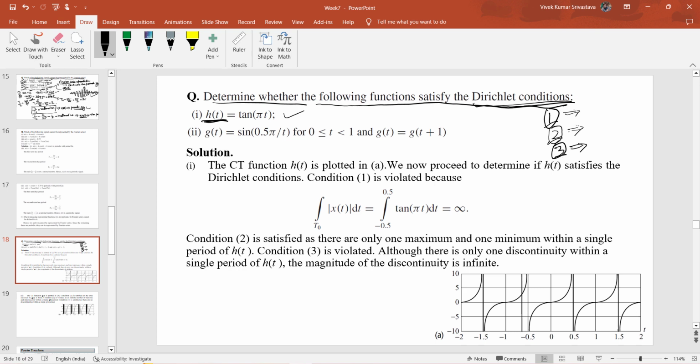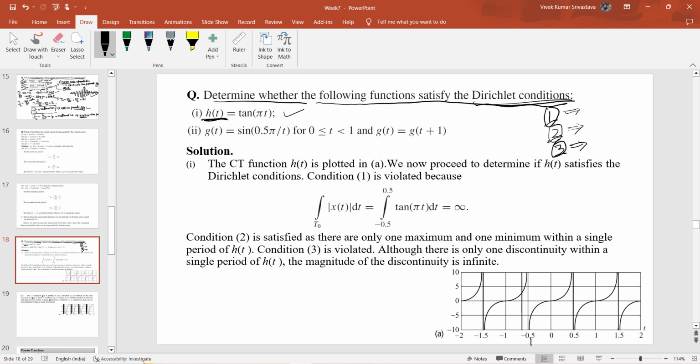Once you plot this h of t, which I've plotted for you, you can see that it is periodic in nature. The time period of this signal, tan of pi t, is 1.